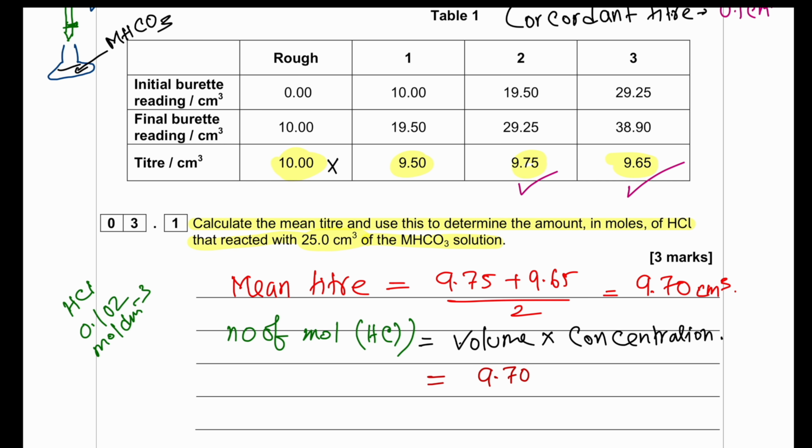But if you notice, the volume is in cm3. The volume needed for calculating number of moles is dm3. So we will divide it by 1000 to get it in dm3, and then we'll multiply it by concentration, which is 0.102. Once multiplied, we will write it in 3 significant figures. So we get 9.89 times 10 to the power of -4 moles.